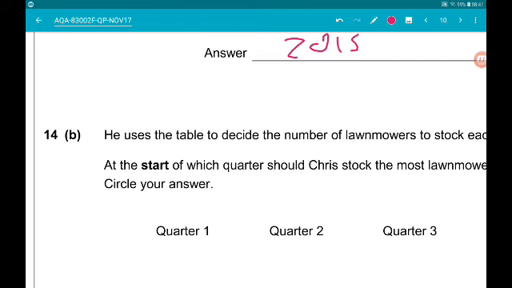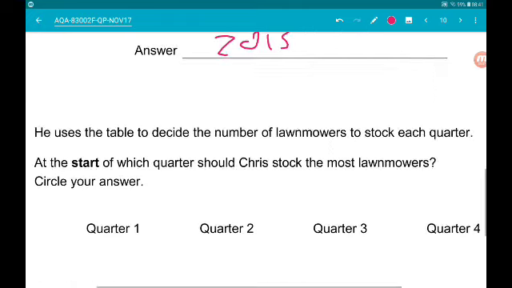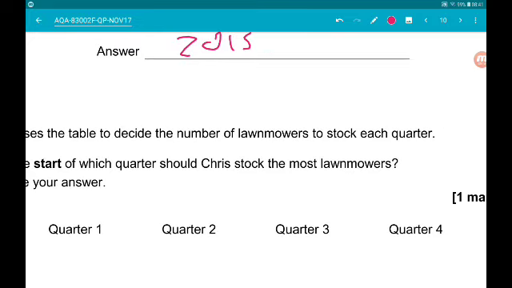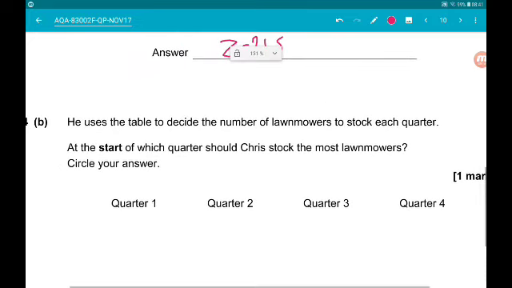He uses the table to decide the number of lawnmowers to stock each quarter. At the start of which quarter should Chris stock the most lawnmowers? So we then are looking for the quarter where he sold the most lawnmowers.